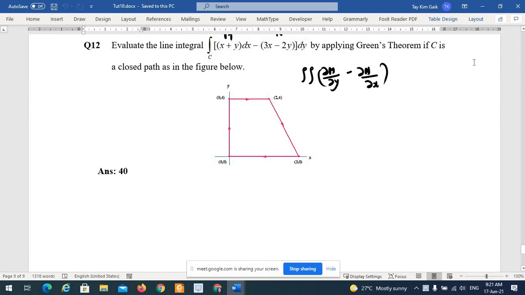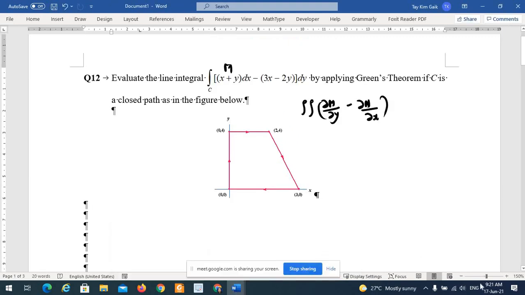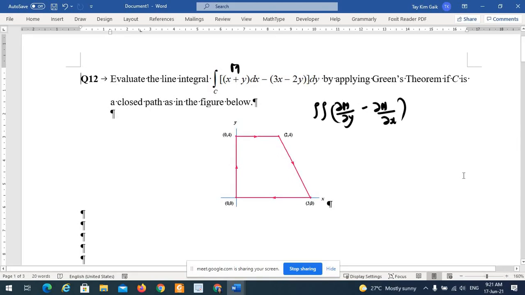Okay, evaluate the line integral by applying Green's theorem if C is a closed path. Okay, and notice this half C. Is it clockwise or anti-clockwise? Clockwise.